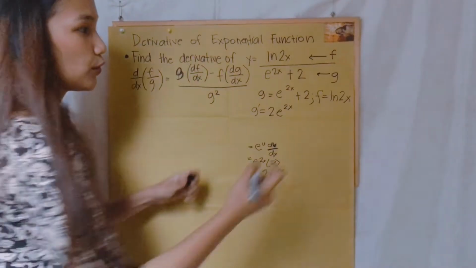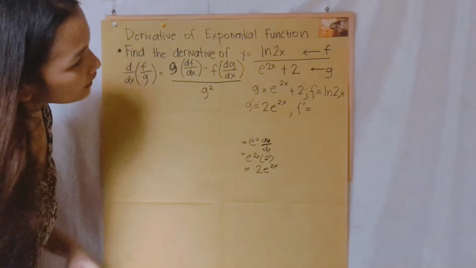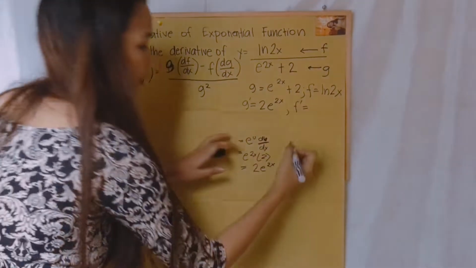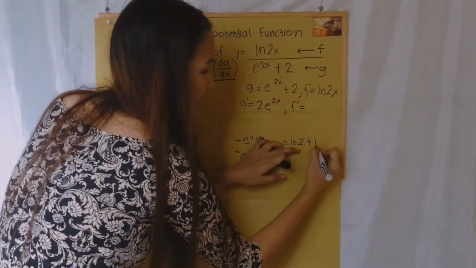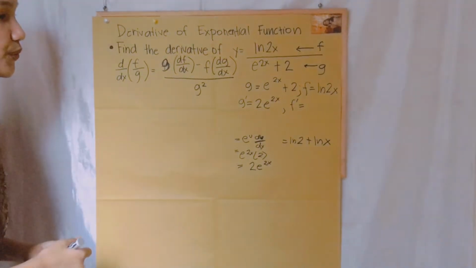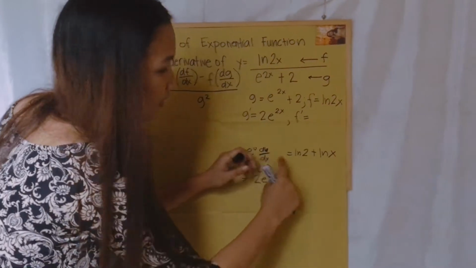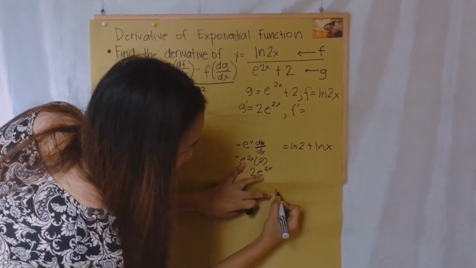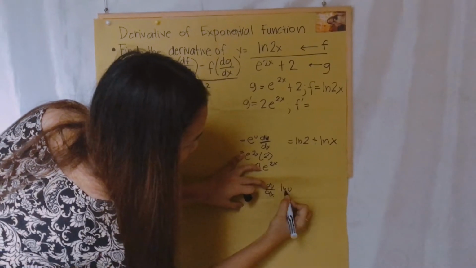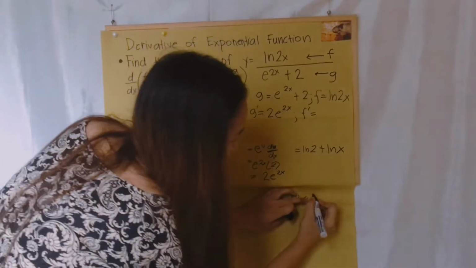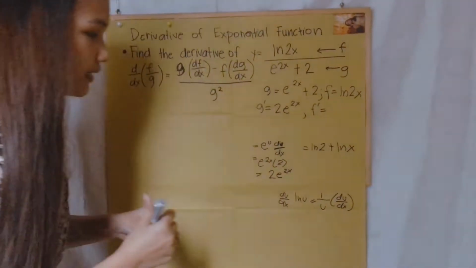Now we're going to look for the f prime, or the derivative of f. Applying the properties of natural logarithms, we have ln 2 plus ln x. According to the derivative of the logarithmic function, the derivative of ln u is 1 over u times the derivative of u over dx.